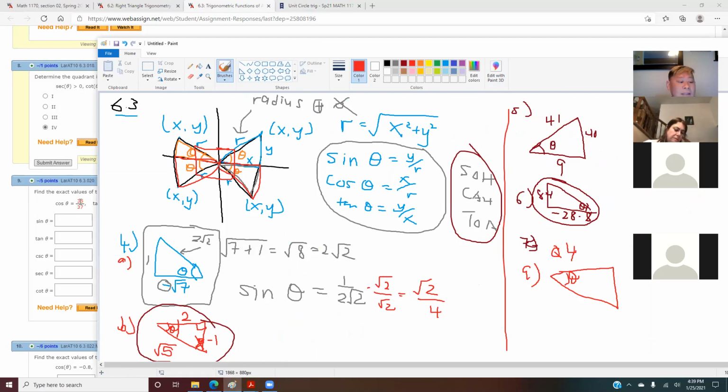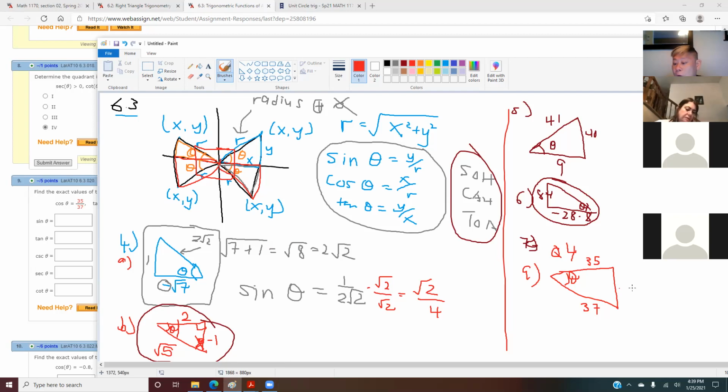Cosine is 35 over 37. Cosine is adjacent over hypotenuse, right? So 35 is your adjacent, hypotenuse is 37. So you need to use your Pythagorean theorem to find your opposite.